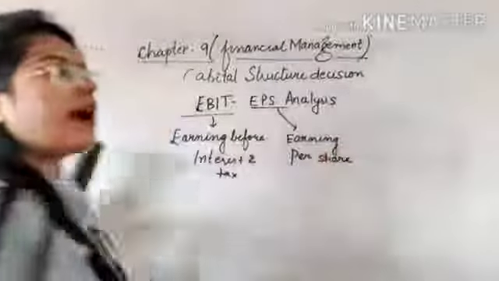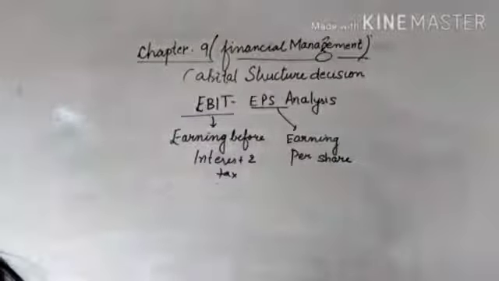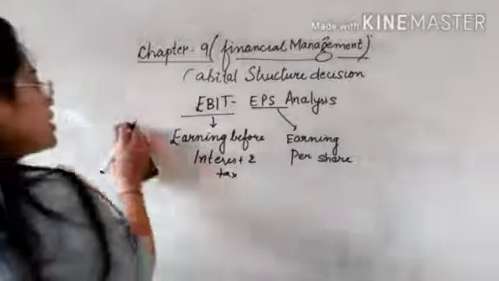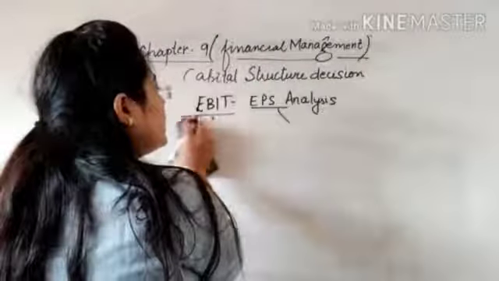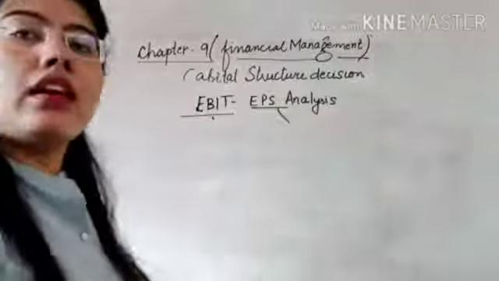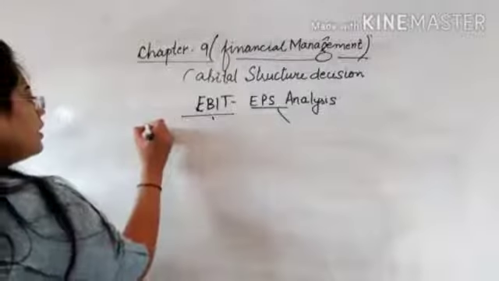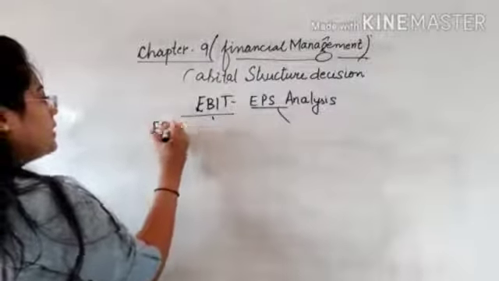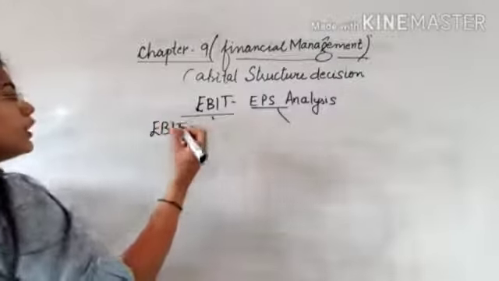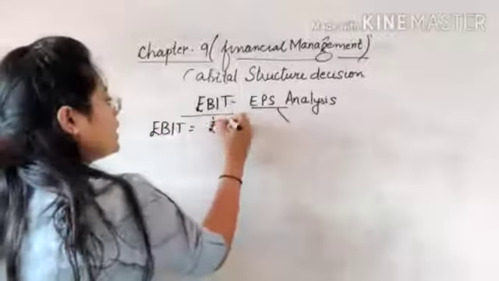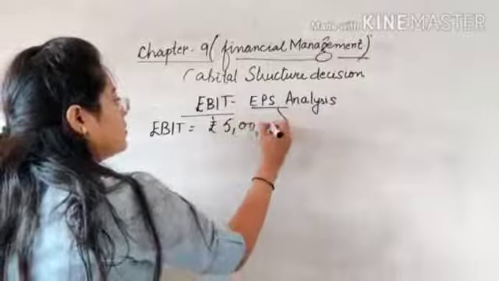To know the impact of financial leverage, we will take three situations through an imaginary example. Let us take an example that EBIT, that is earning before interest and tax, is rupees 5 lakh.